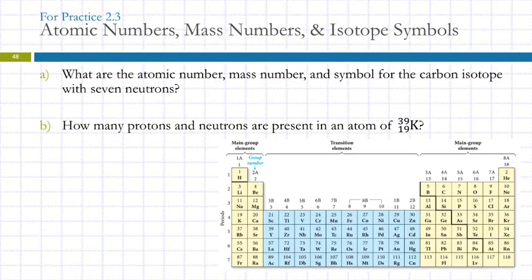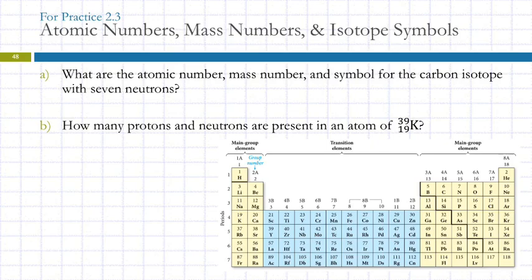So, a couple of questions here. What are the atomic number, the mass number, and the symbol for the carbon isotope with 7 neutrons? Well, what is atomic number? The number of protons, right? That's what identifies an atom as being a particular element.